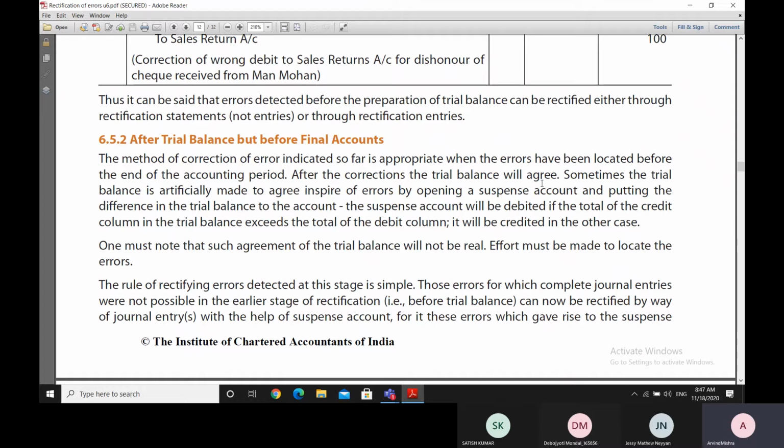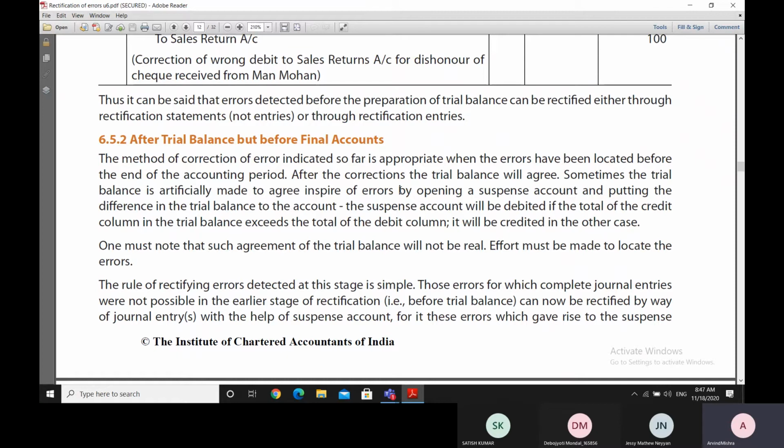But sometimes what happens is that the trial balance is artificially made to agree in spite of the errors by opening a suspense account, because sometimes we are not able to find the reason for the error, but the trial balance is not agreeing.